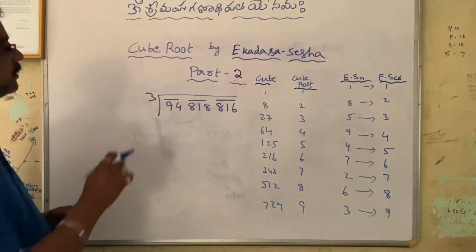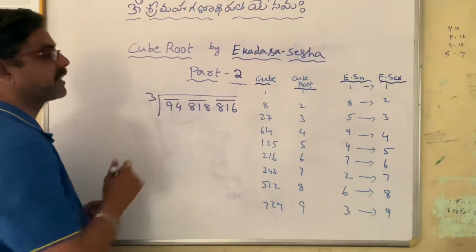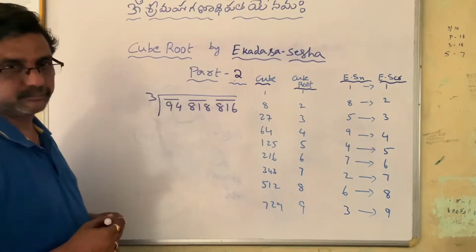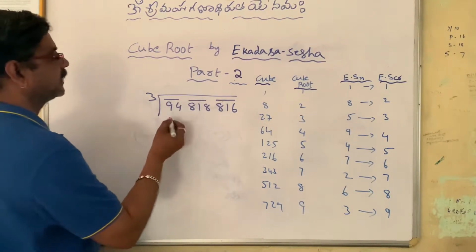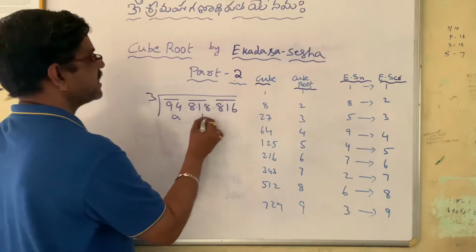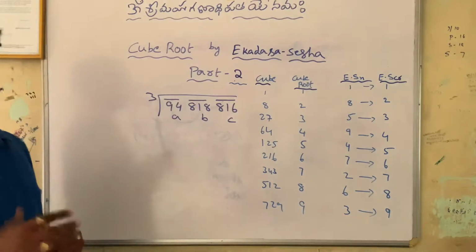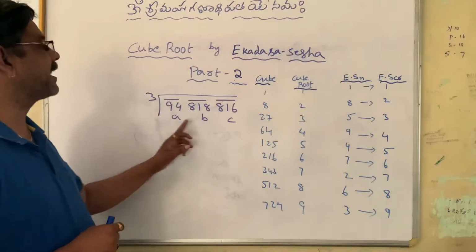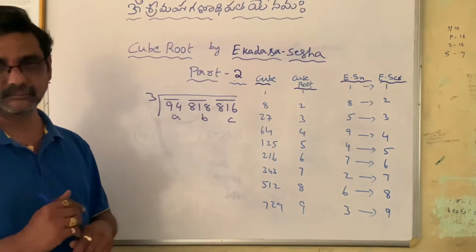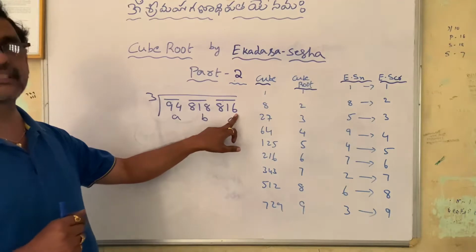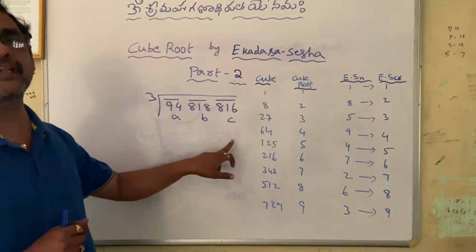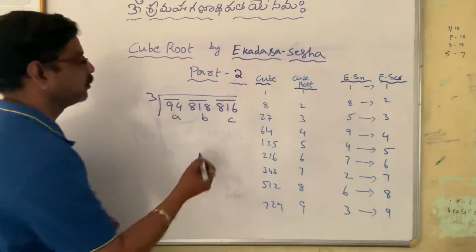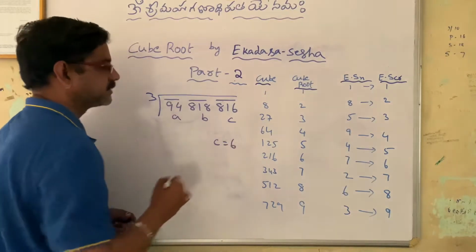That means the cube root of this particular number is a 3-digit number. Let the 3 digits be A, B, C. By the previous video, we can find A and C easily, because if a number ends with 6, its cube root also ends with 6. So C is equal to 6.